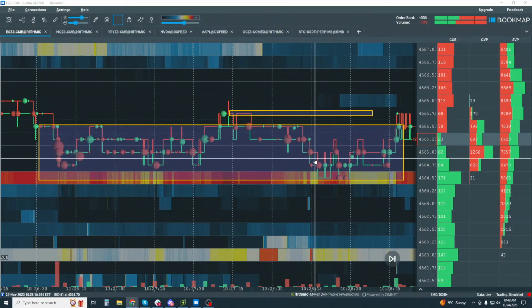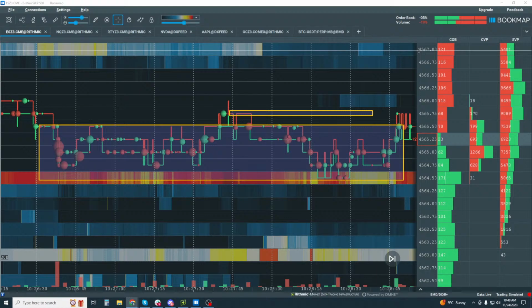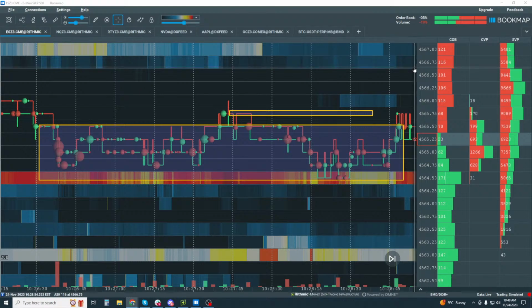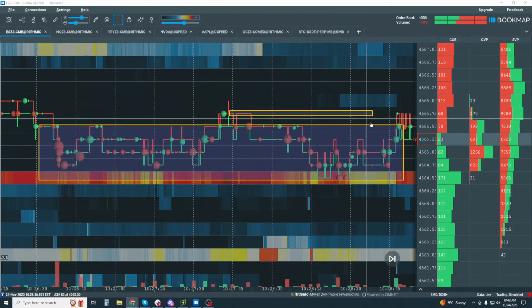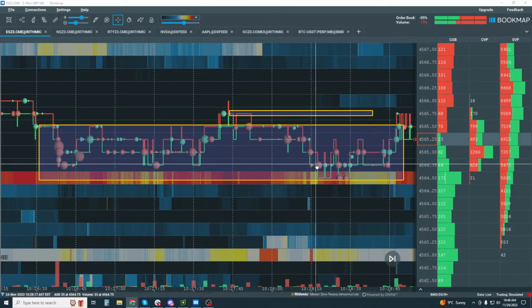If there are a lot of sellers in here and you know that they have to cover and they have to be a buyer now, where are they likely to buy? And if you can move the market in that way, then you've got an edge over them.